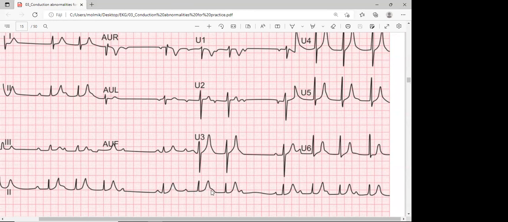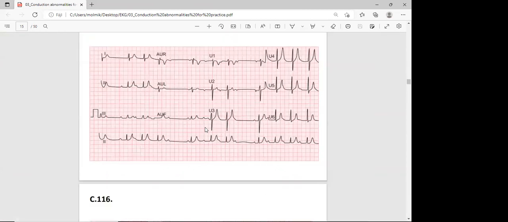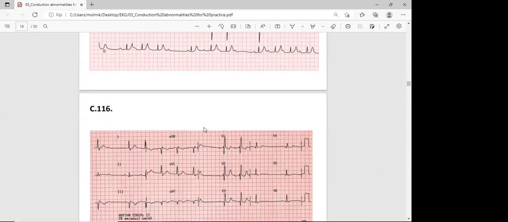This is still conducted, but this is not for sure. So this is why this PR is longer than this PR. This is how you calculate it. Thank you very much. You're welcome.